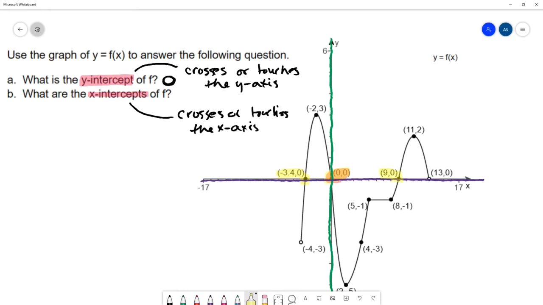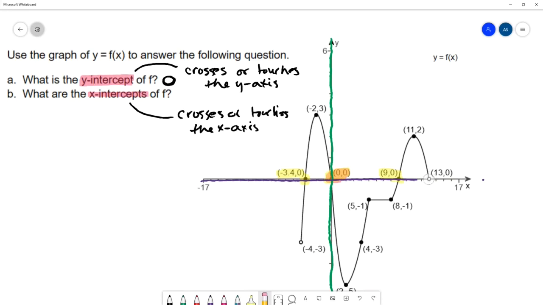And here's another one. Now this last point here is a little bit confusing because it looks like it touches the x-axis. But let me erase all my markings so you can see it clearly. This point is labeled with an open circle instead of a closed circle.